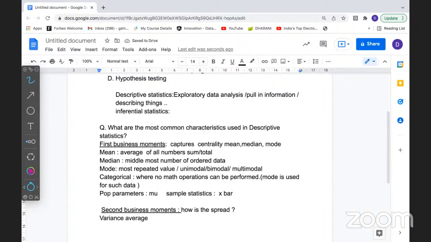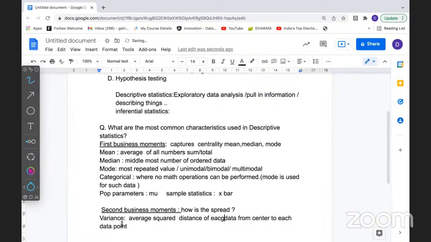It's defined as the average spread of data from the center to each data point, or the average squared distance of each data point to the center.